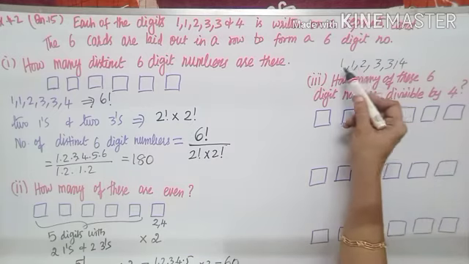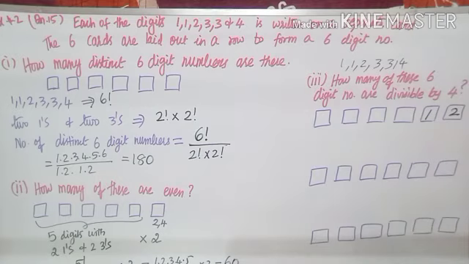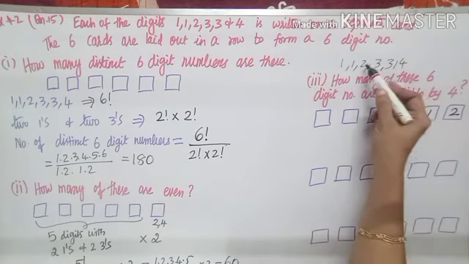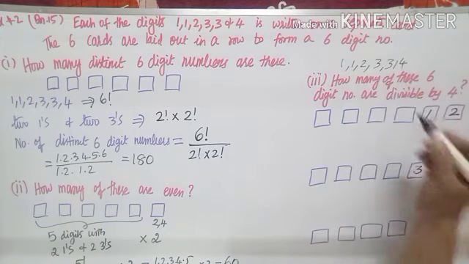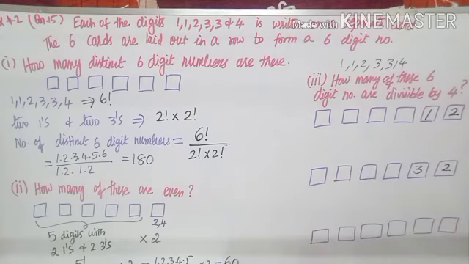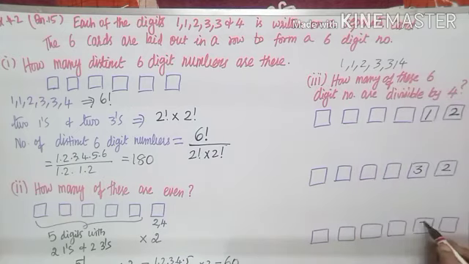The last two digits I must frame from here so that it is divisible by 4. If I check, 11 cannot come, 12 can come. So the last two digits can be 12. If I reverse it, it won't work. 32 can come, which is divisible by 4. The last two digits can be 24 also.